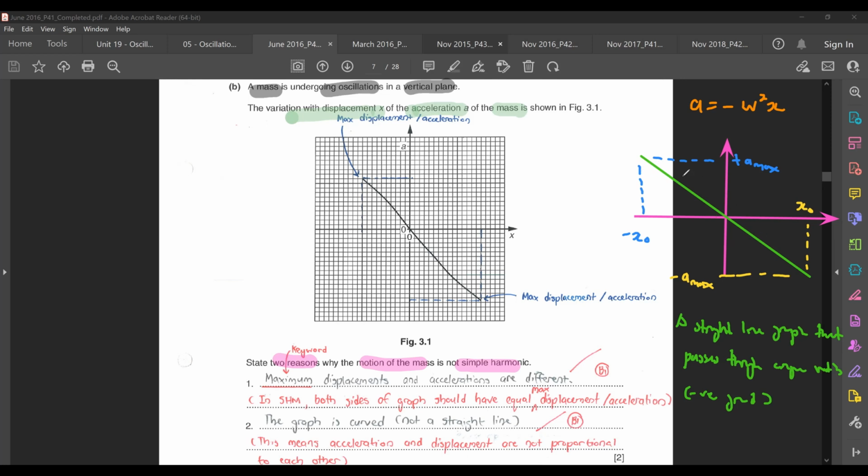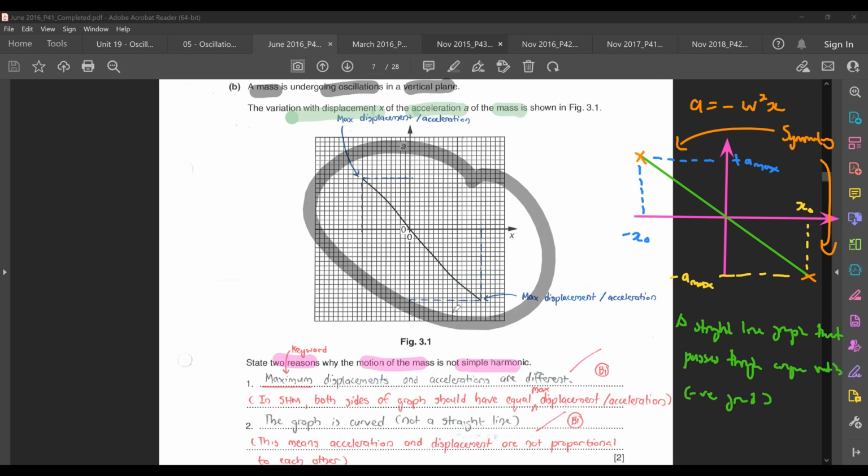You can see that there's something like a symmetry between these 2 points here. Let me mark it out for you. You look at this point and you look at this point, there is some sort of symmetry between them.